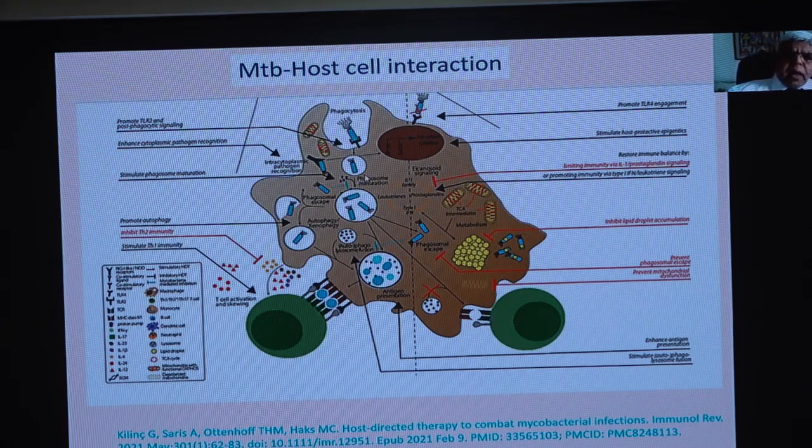There are several other mechanisms here which try to contain the bug, and the tendency of the host cell is to contain and eliminate it, while the bug has a tendency to escape these immune mechanisms by a variety of tools available to the MTB.